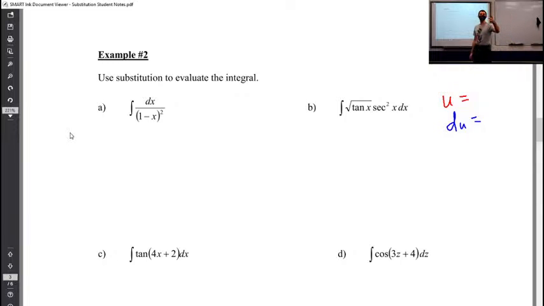Number one, you should look for u by a function happening inside of another function. And number two, you should be looking for du, in other words, the derivative of what you think u might be, to maybe be somewhere else in the problem. And both of those are happening here.